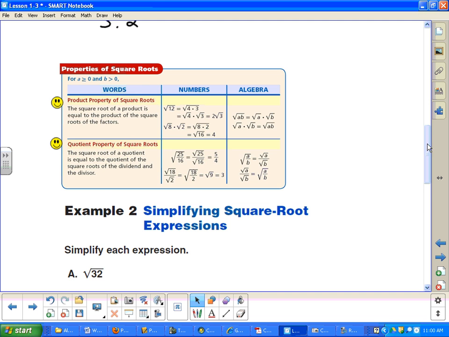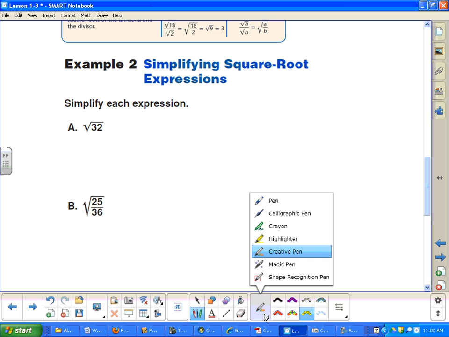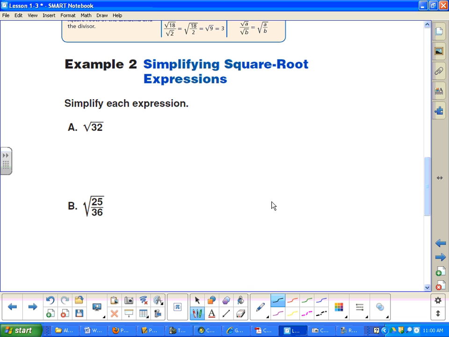So you should have somewhere a list of the squares, right? All the perfect squares. We wrote them down before. So, is 32 a perfect square? No. Okay, so what's the largest one that goes into 32? 16, okay?